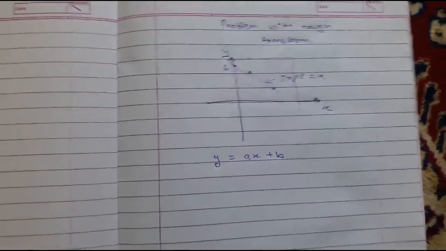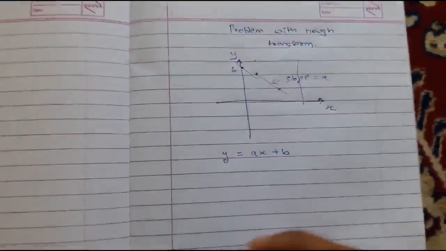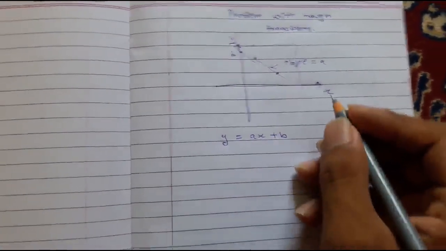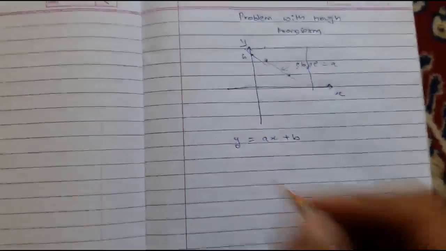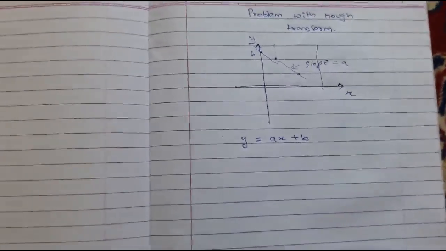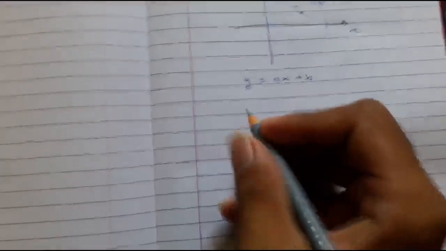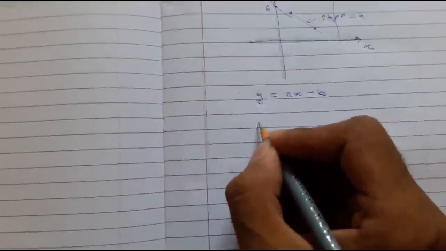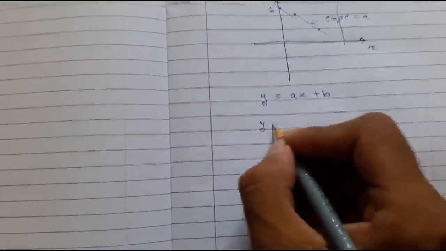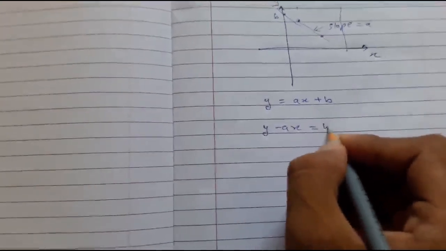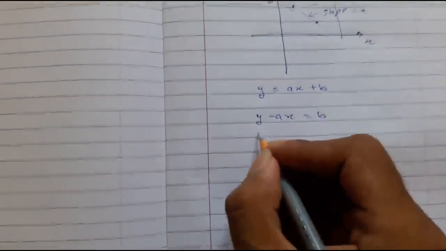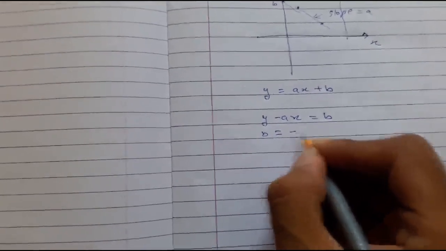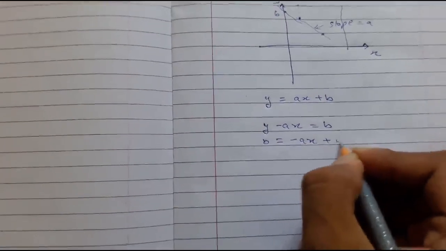So what we do in Hough transform is basically convert this space from xy to the parametric space that is known as the AB space. So what we do is we take this over here, so we get basically y minus ax is equal to b. So this I can also write b is equal to minus ax plus y.